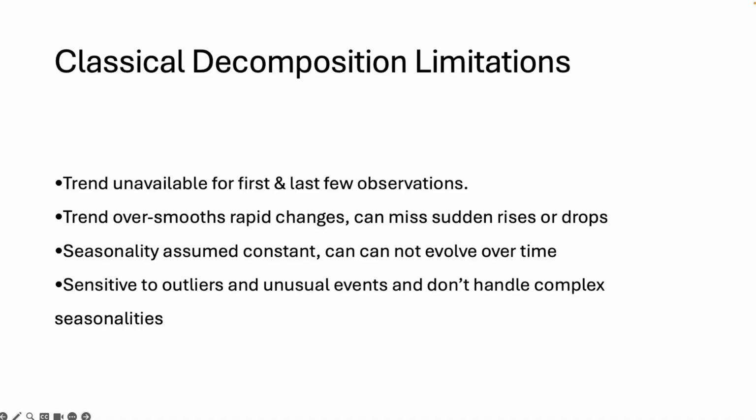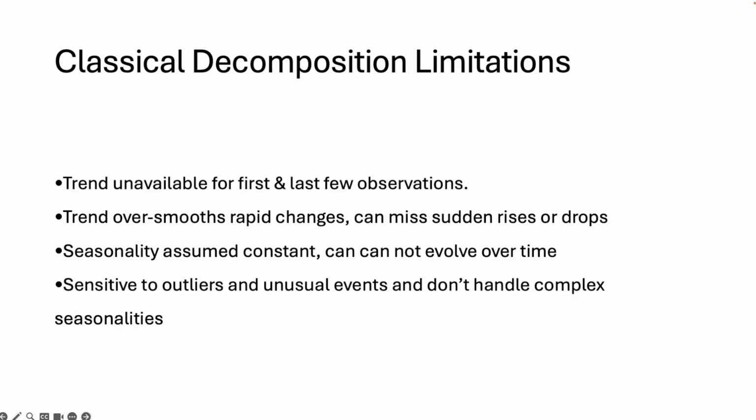For instance, if you have monthly data and m equals 12, we cannot estimate the trend for the first 6 months and the last 6 months. They're blank, as we've seen before. This means that the model cannot tell what's happening at these edges. And some of the most important points are the most recent values, right? So if this doesn't tell you anything about the last 6 months, then we have issues.